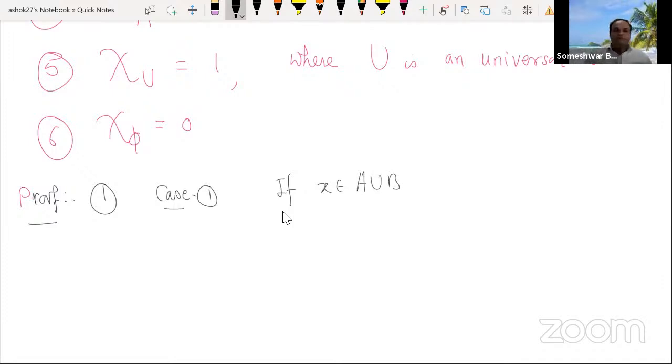First case: if X is an element of A union B, then chi of A union B of X will be equal to 1 by the definition of the characteristic function.